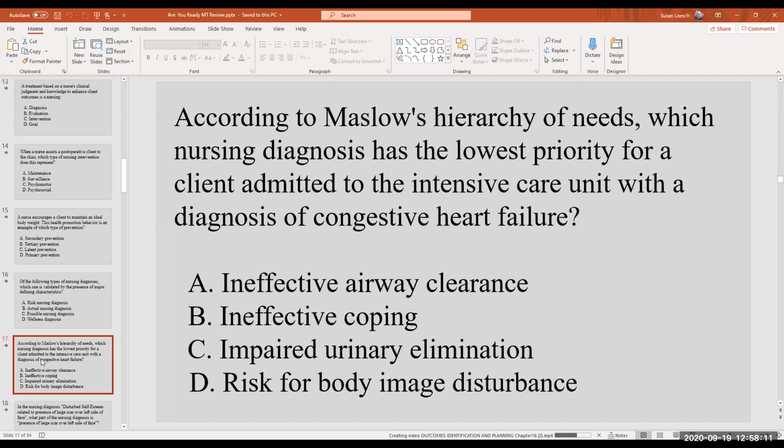So it's B. Okay, moderate are those that are what? It's D. Risk for body image disturbance. Those are the ones that have the lowest, or the least connection to what's going on at the moment. Risk for body image disturbance. Okay, good. That's correct.